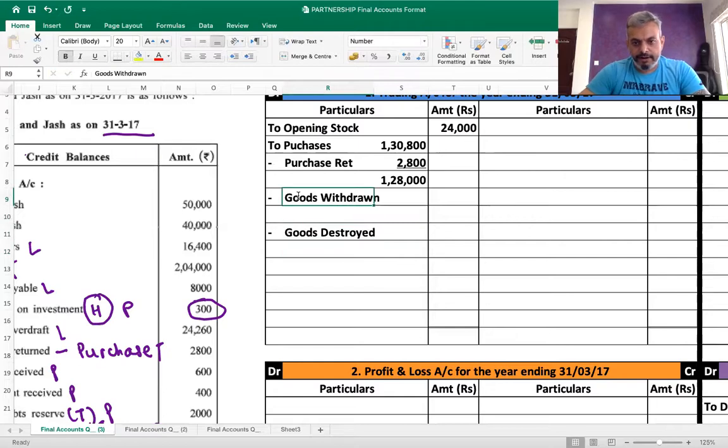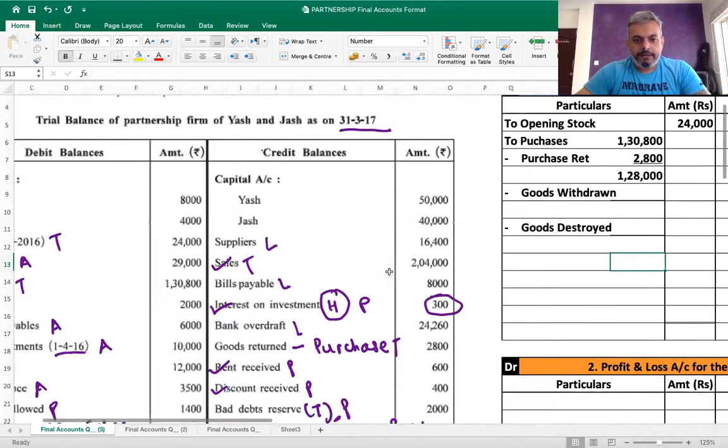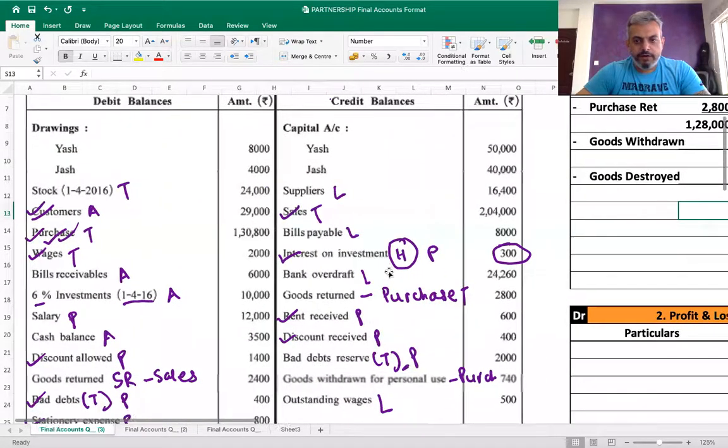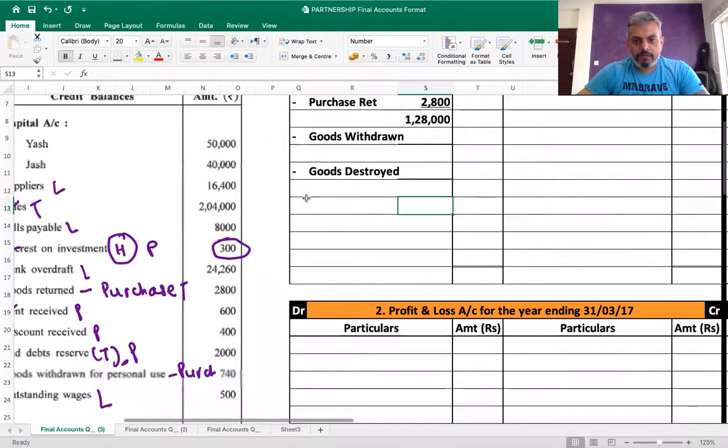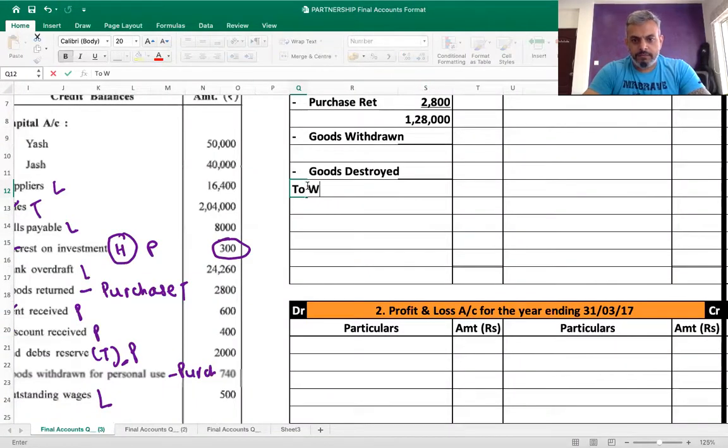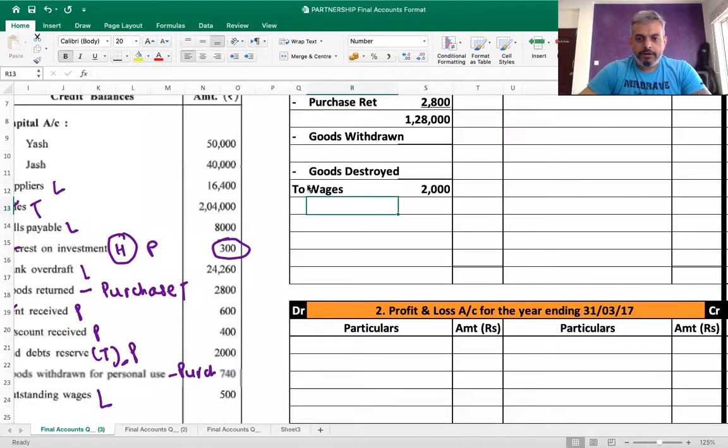You can do it later on when you do that adjustment. Then wages, inner column 2000. So two wages, inner column 2000.